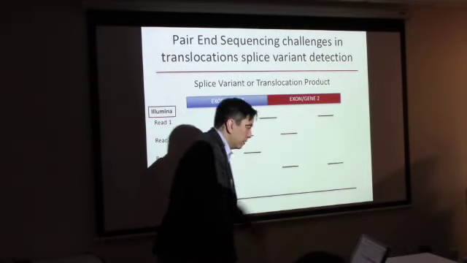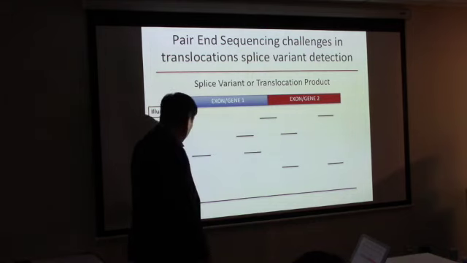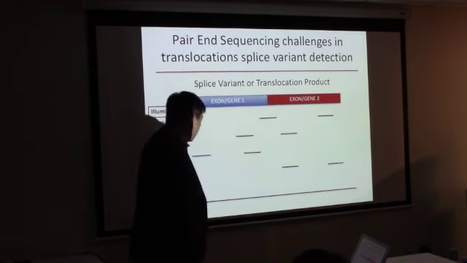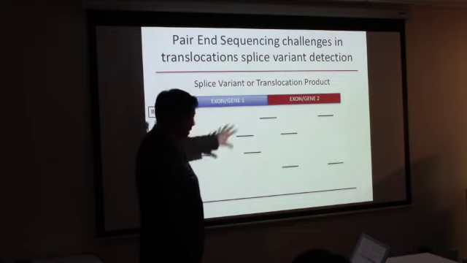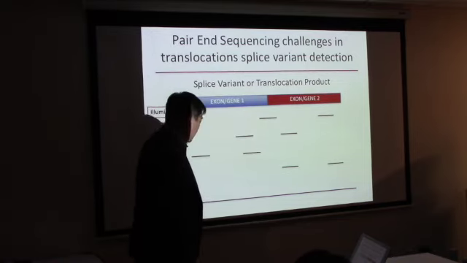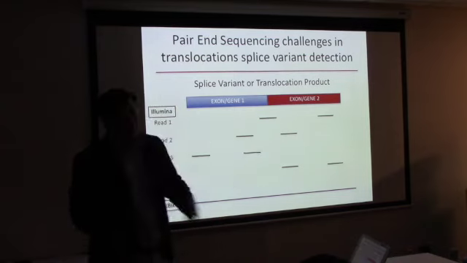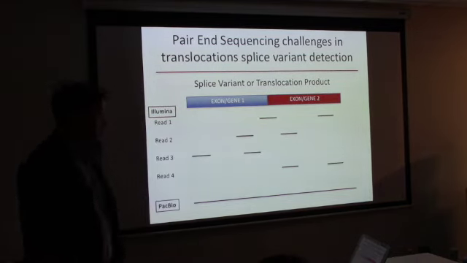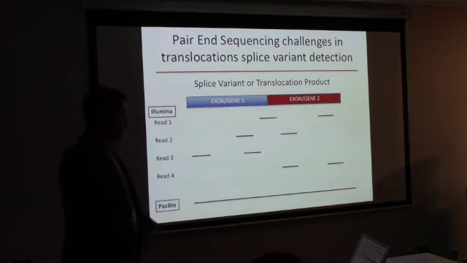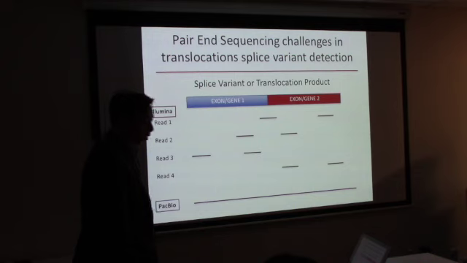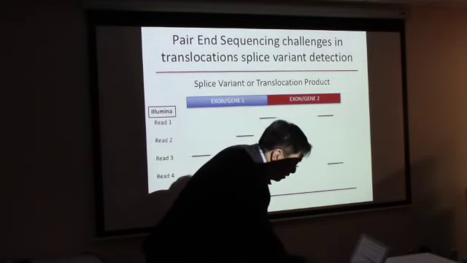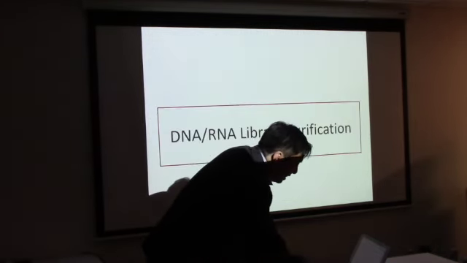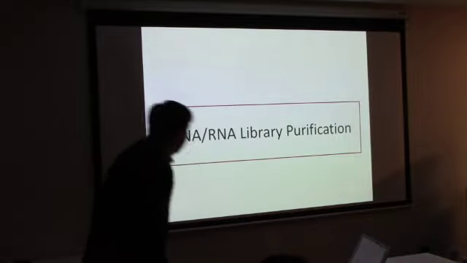Does that make sense? So a lot of people are doing the combination of the two. You're trying to say, okay, I want to see what genes there are with Illumina, and then I'm going to see if I see any funny rearrangements using my PacBio. And this is what some of the splice variant people are finding for novel identification or translocations. Okay? Any questions?